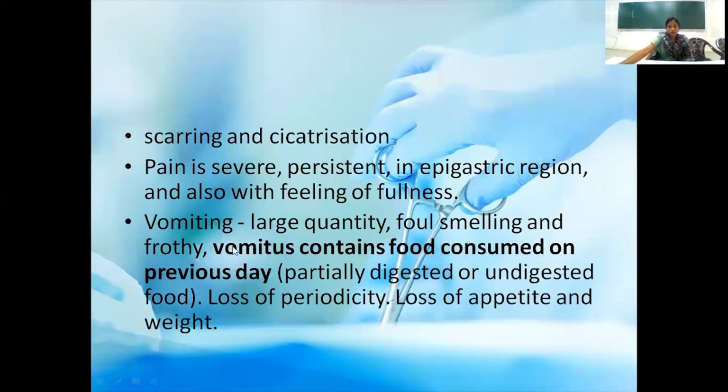Vomiting in adults will be of large quantity, foul smelling, and frothy. This vomitus contains food consumed on the previous day. This is characteristic of gastric outlet obstruction in adults. If partially digested or undigested food is present in the vomitus, the pathology is in the stomach.